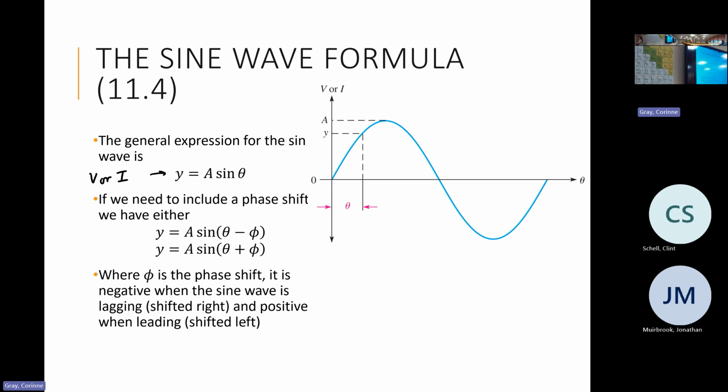Phi is again our phase shift, and it's negative when the sine wave is lagging or shifted right, and positive when leading, shifted left.